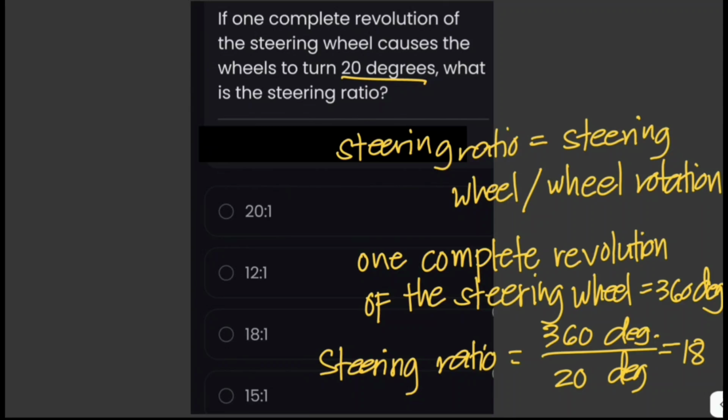So the steering ratio here is 18 to 1. This means that for every 18 revolutions of the steering wheel, the wheels will turn one complete revolution.